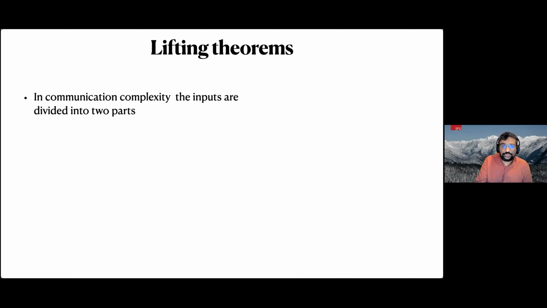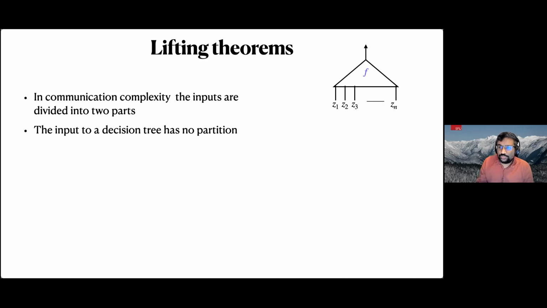In this talk we'll be focusing on two-party communication complexity, where there are two players, Alice and Bob, and the inputs are divided into two parts. But in the decision tree model, there is no partition of inputs. So what we do is study the complexity of a function in the decision tree model by transporting it into a different function in the communication model by composing it with what we call a gadget.